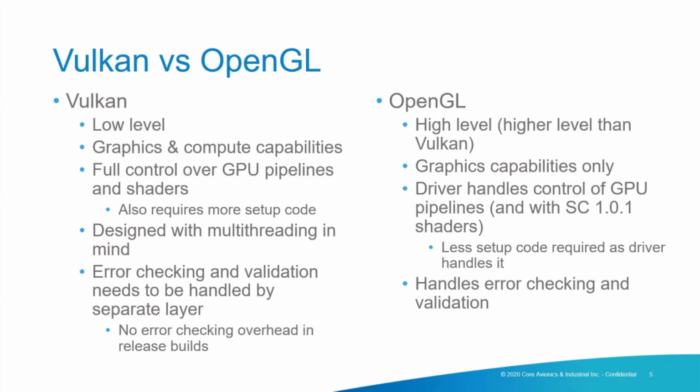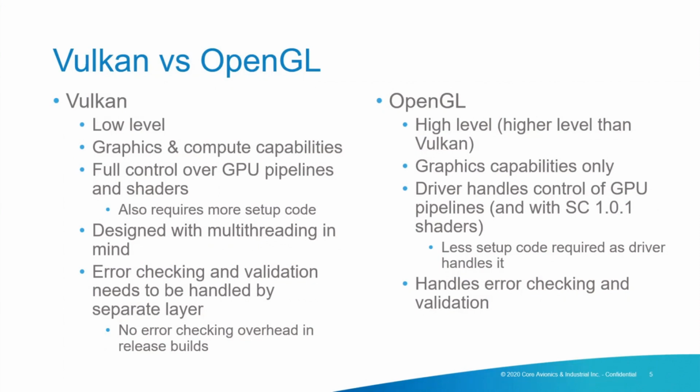On the left, we have features supported by Vulkan, and on the right, we have features supported by OpenGL. A big point in the comparison between Vulkan and OpenGL is that Vulkan is much more low level than OpenGL.